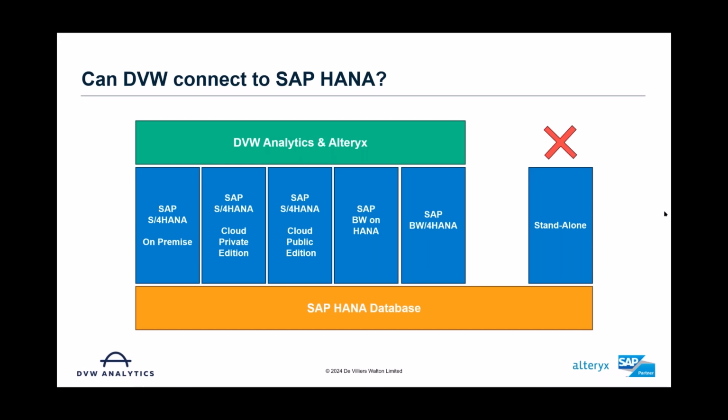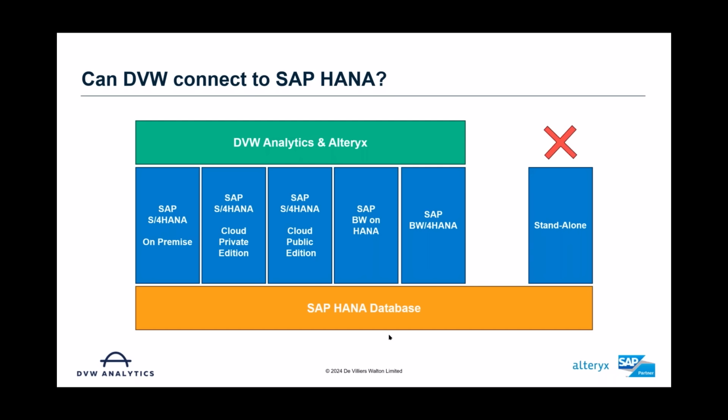So, SAP S/4HANA today has three main variants that are available publicly, and the key ones would be SAP S/4HANA on-premise. This is an SAP solution that is installed, maintained, and run either by your own company or by one of your outsourcing partners.